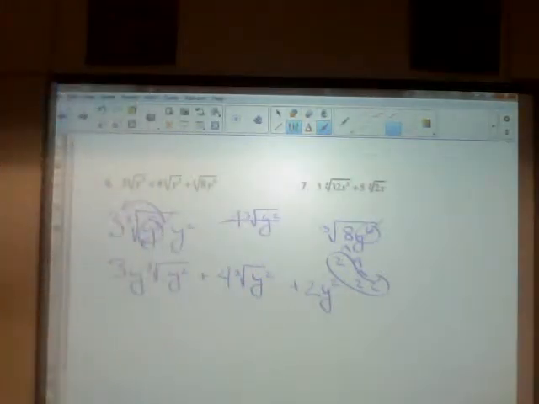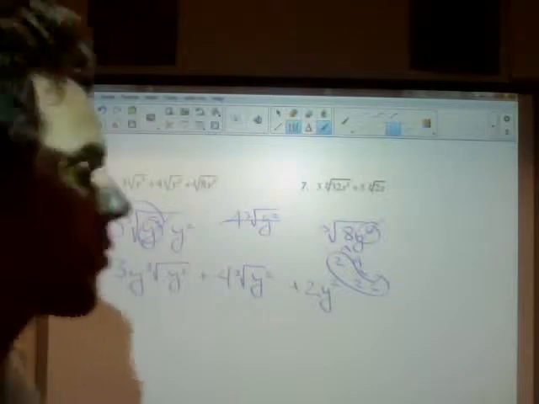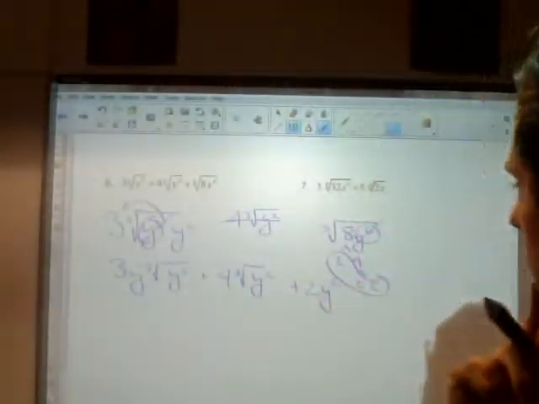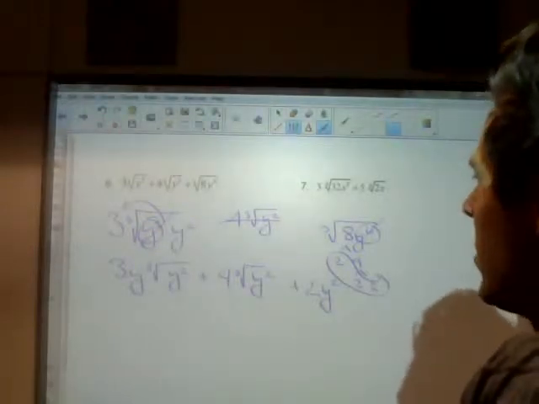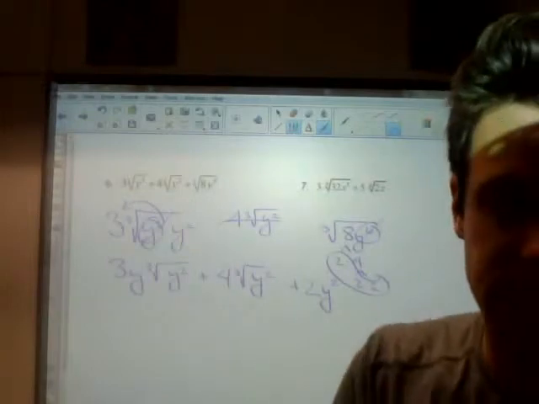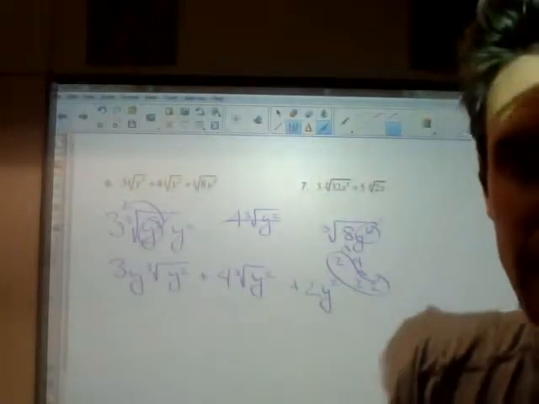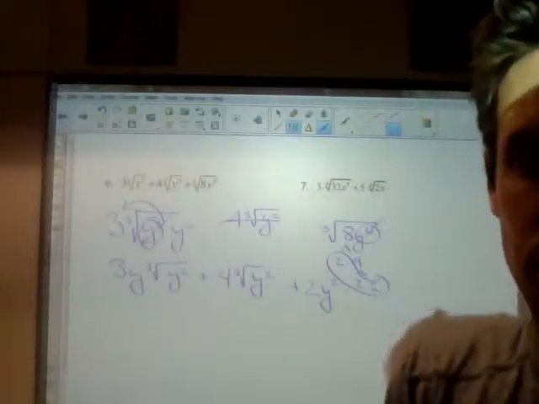In the end, we have 3y times the cube root of y squared plus 4 times the cube root of y squared plus, in the end, 2y squared. Looks like that's as much as I can do.